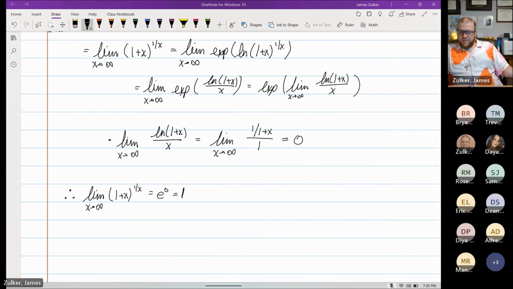So this limit is e to the 0, which is 1. Okay.